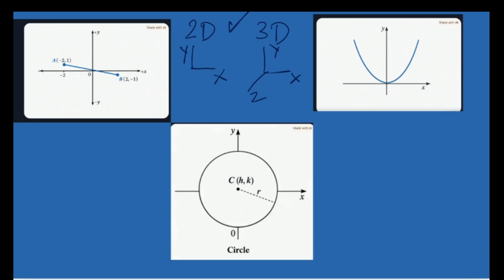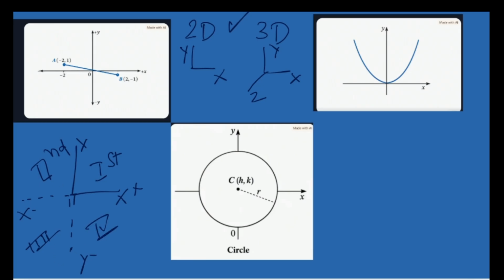Different types of shapes can be represented. And in the 2D xy plane, for every positive side we have a negative side as well. When it is divided like this, these are called quadrants: first quadrant, second quadrant, third quadrant, fourth quadrant.